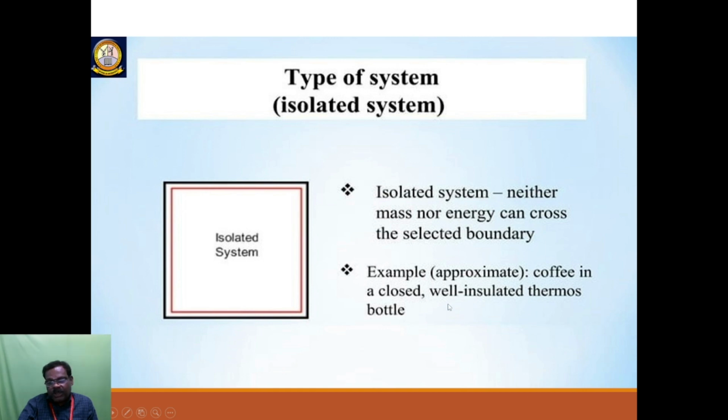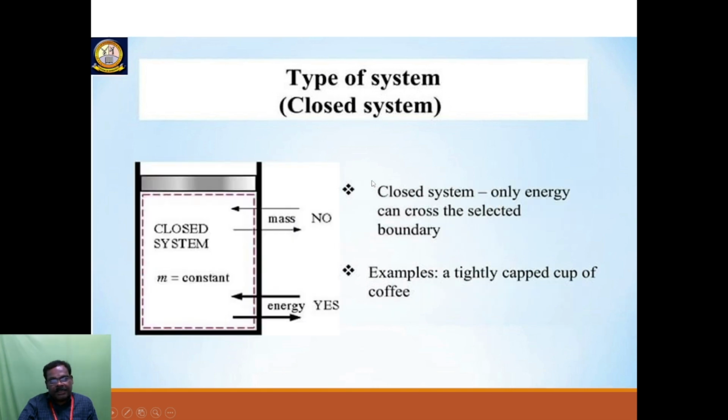If it is an insulated thermoflask, the heat energy should not be passed to the outside. So in this example, neither energy nor mass can cross the boundary of the system. This is called an isolated system.